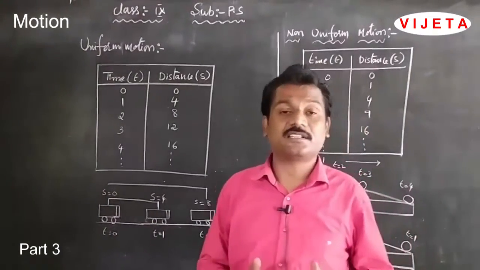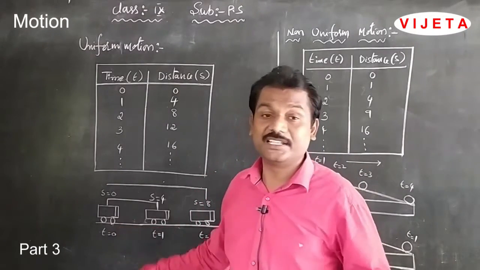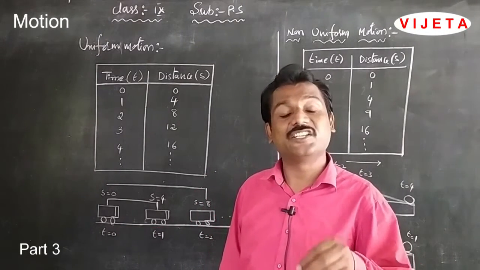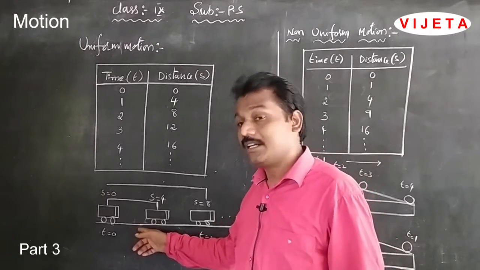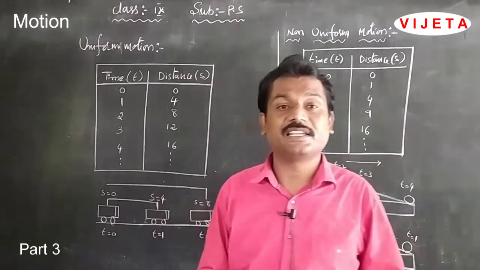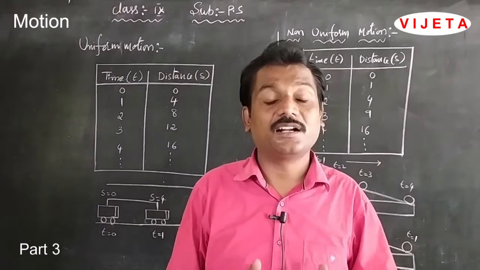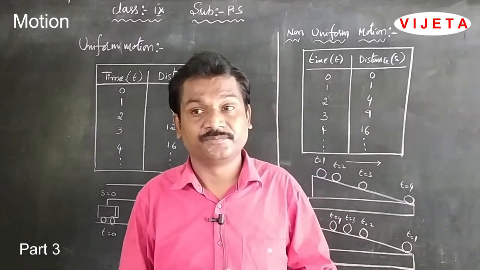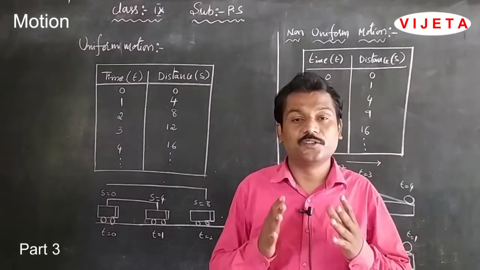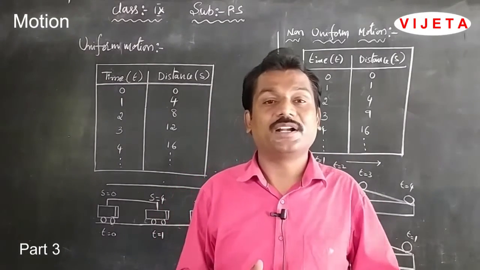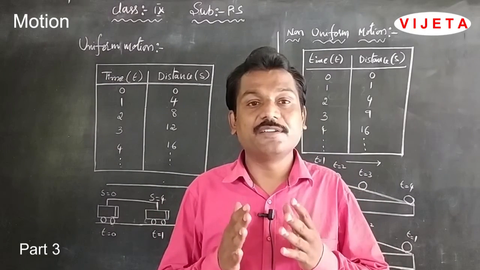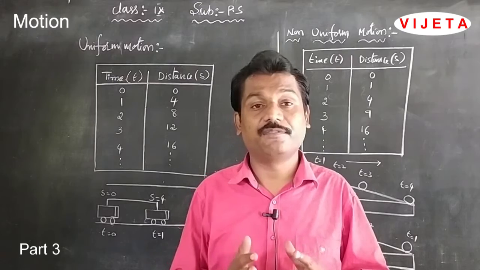Traveling on a straight road means it covers not only distance, it also covers displacement. That means the vehicle is moving with constant speed and constant velocity. So in uniform motion, a body travels with uniform velocity or uniform speed.